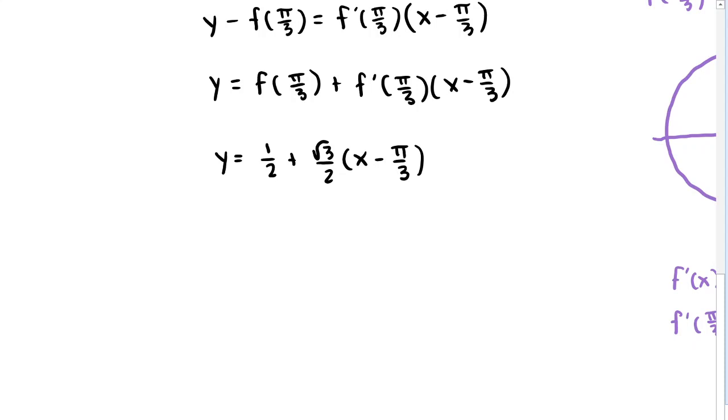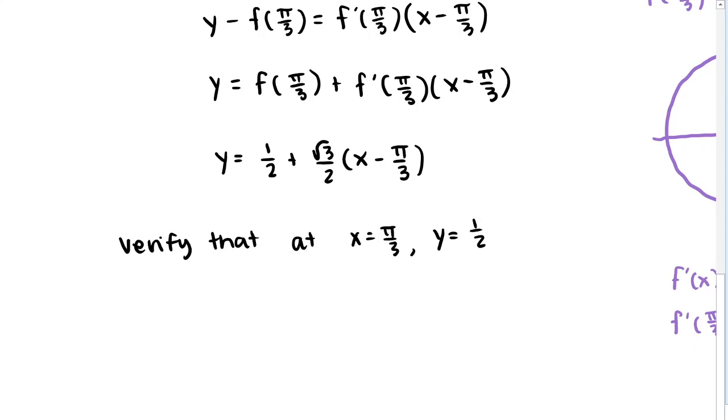And maybe let's just really quickly verify that at x is equal to pi over 3, y is equal to 1/2, right? The output of our original function at x is equal to pi over 3.